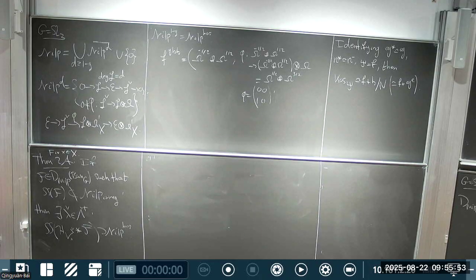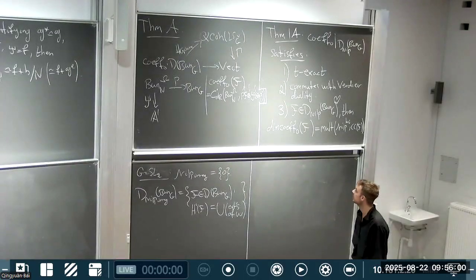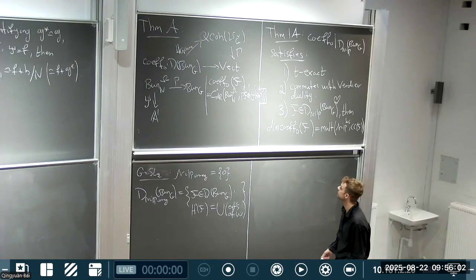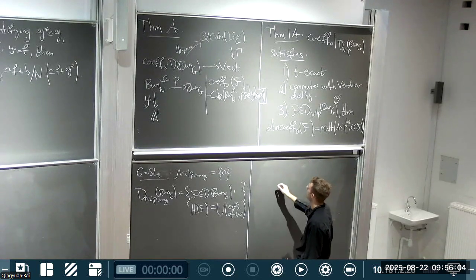Maybe one thing I'd like to say is, so we'll finish up the proof of theorem A now, but to answer Gubier's earlier question about this theorem here, here's an exercise.